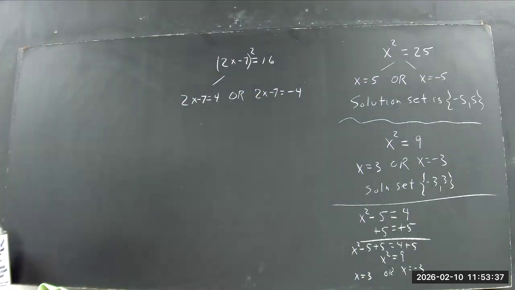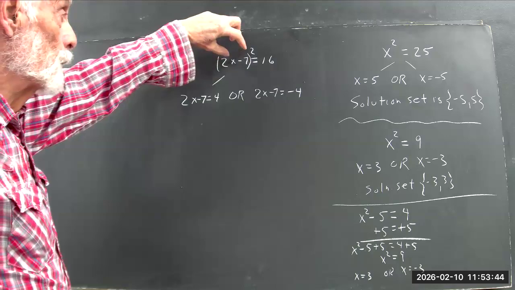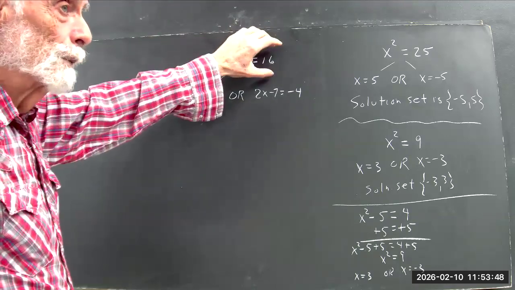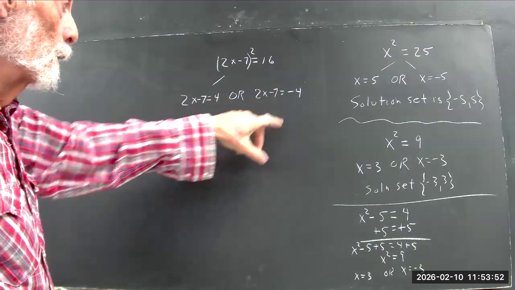That makes sense? We're saying that something squared is 16. What's squared? The 2x minus 7. So whatever's being squared has to be 4 or negative 4. That means 2x minus 7 has to be 4 or negative 4.